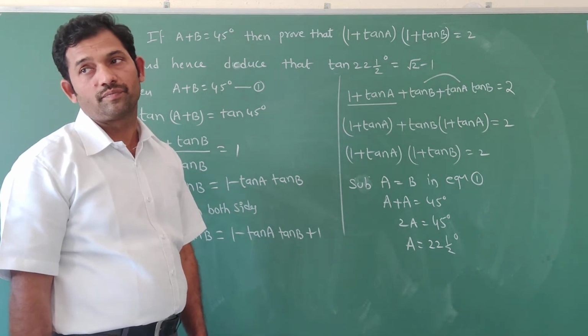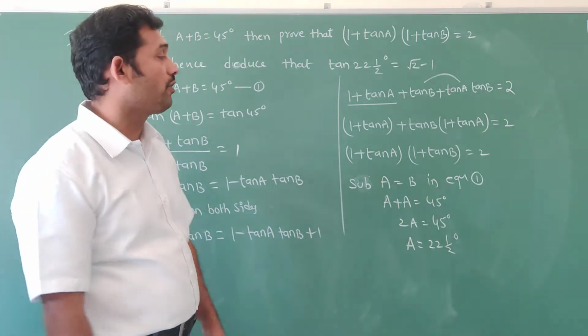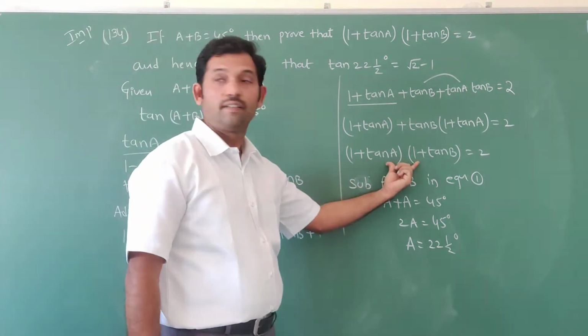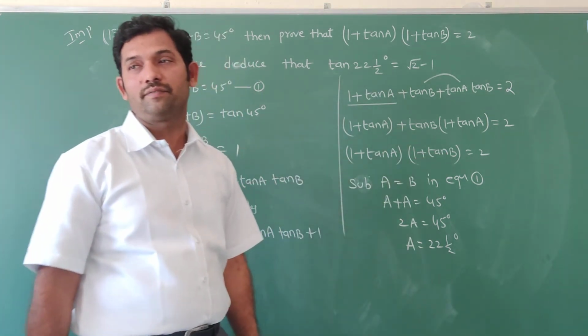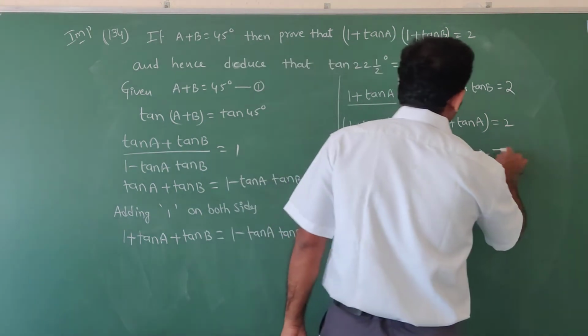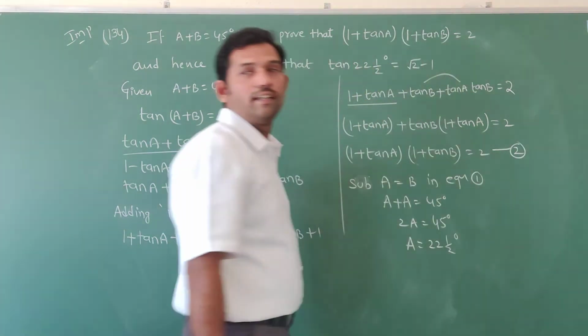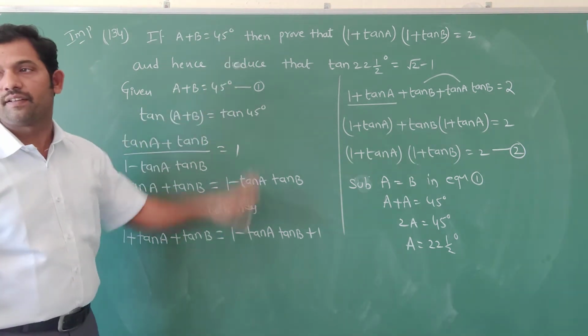Okay, now A value is 22.5 degrees. The same condition you have to apply: A is equal to B. What happens? This is condition number 1. This is condition number 2. Okay, now this side is completed.